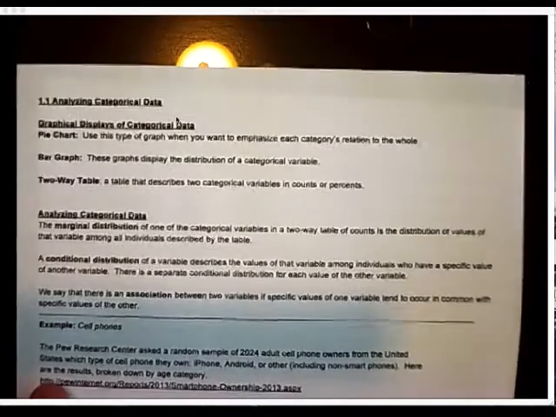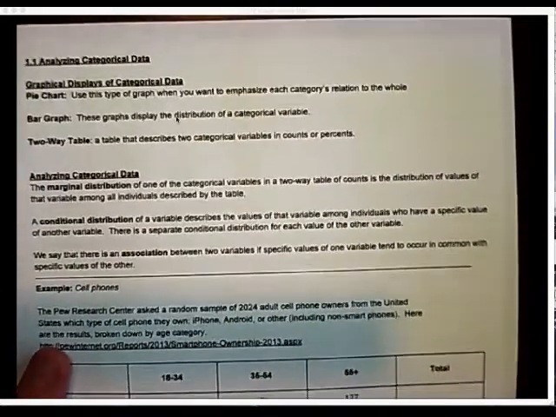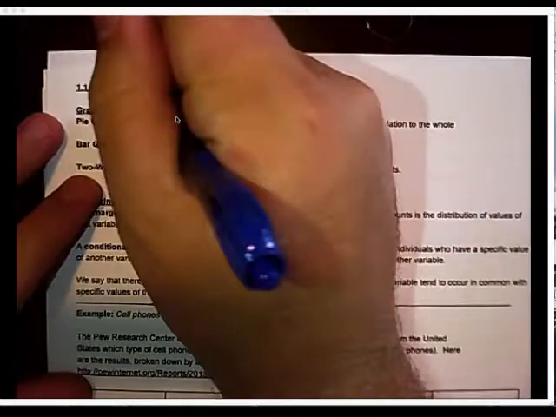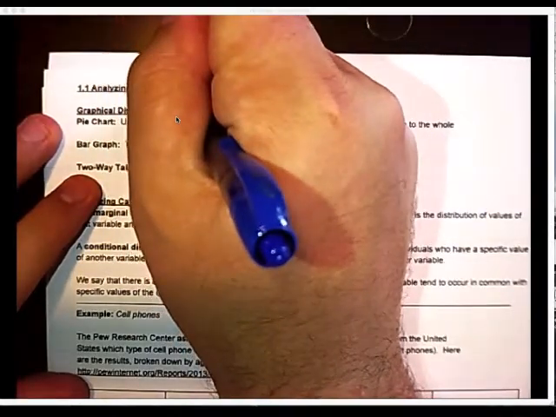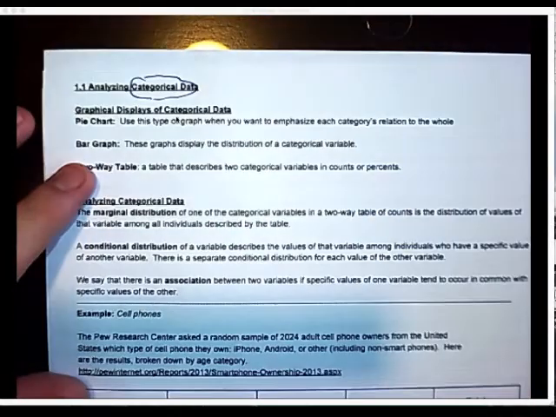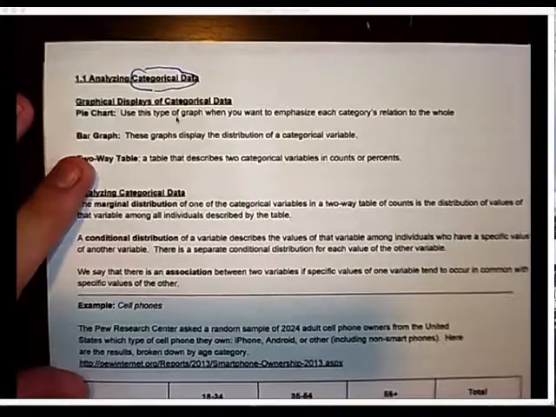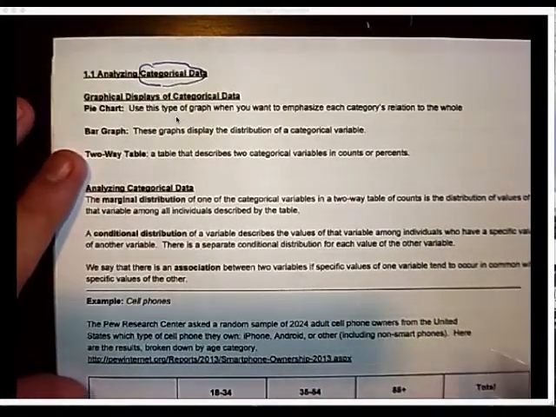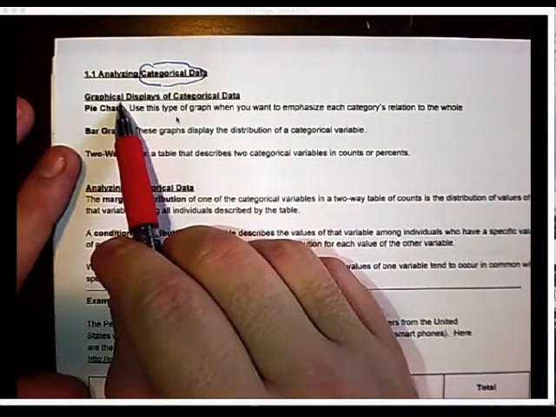Let's go on to the next page. So now in section 1.1 in your text, the title of that is Analyzing Categorical Data. So the focus here is going to be just on categorical information. If we want to display categorical data, we have several ways to do that. We have different types of graphs to assist us.